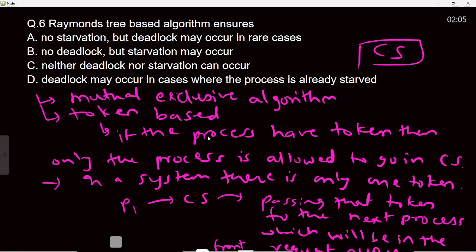Now suppose this P1 process goes in the critical section, and if it is a very big program to run, then the remaining processes inside the request queue will go into starvation, because it will take a lot of time to come out. So there will be a problem of starvation, but it will be deadlock free.